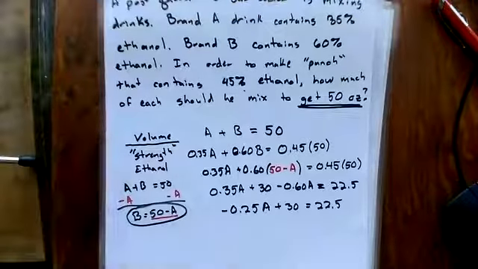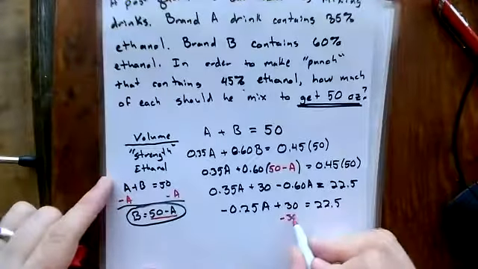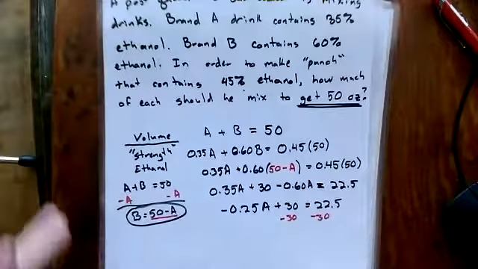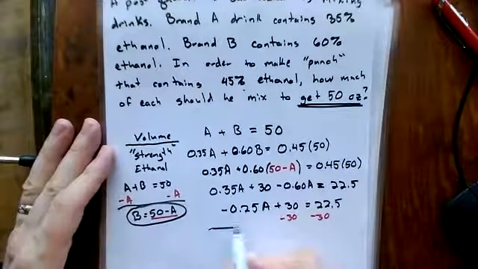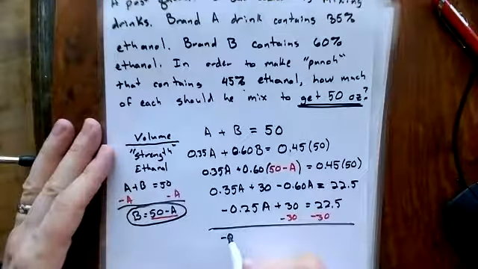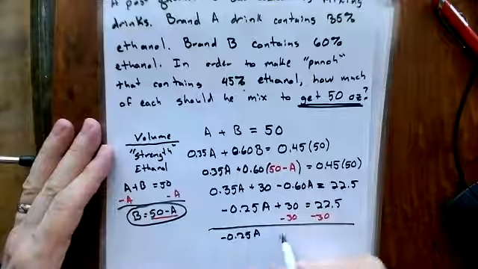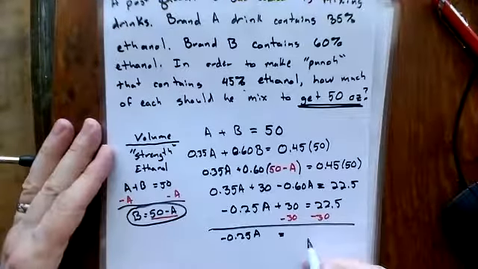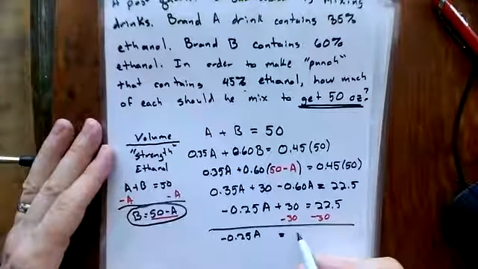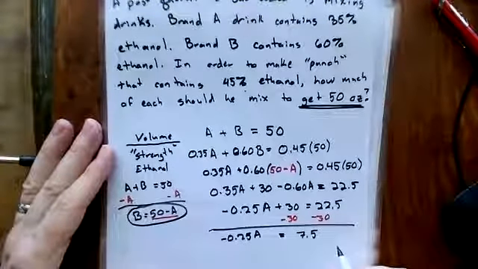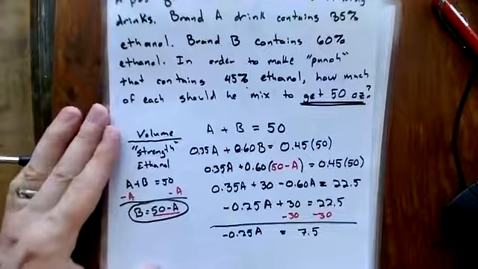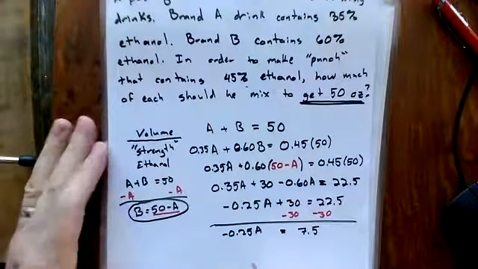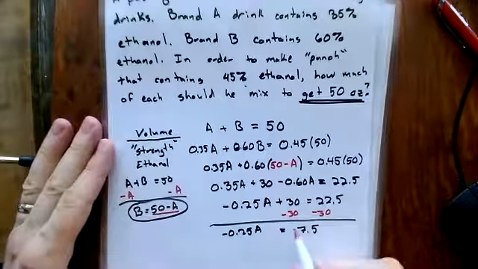And now I'm going to subtract 30 from both sides. So negative 0.25a is equal to negative 7.5.